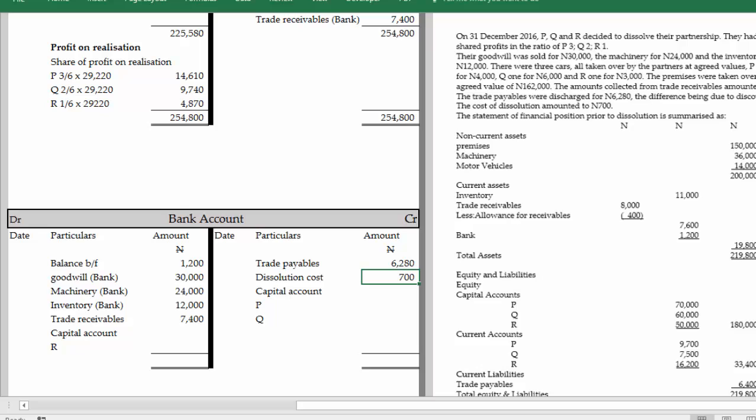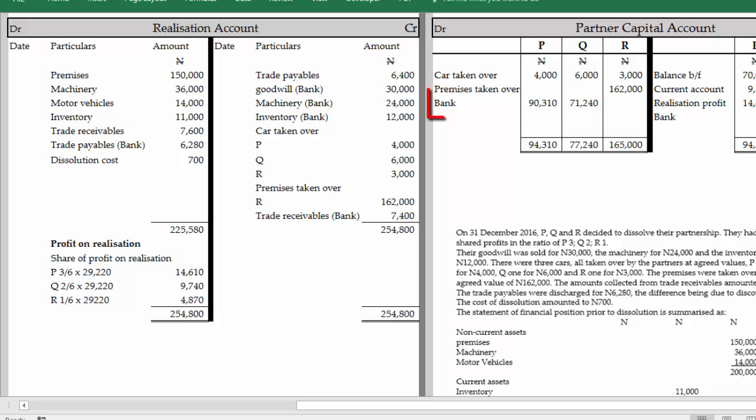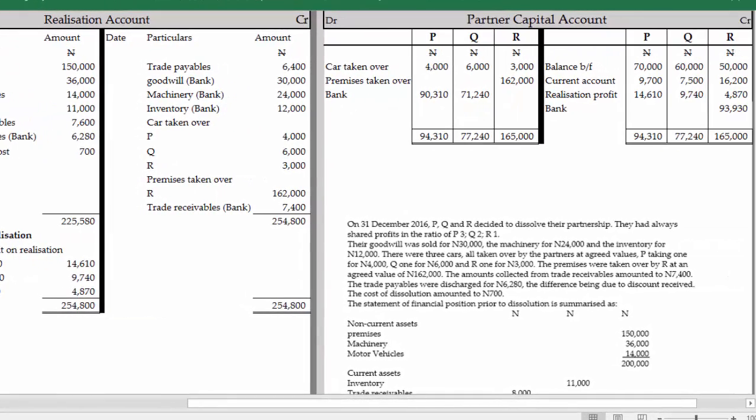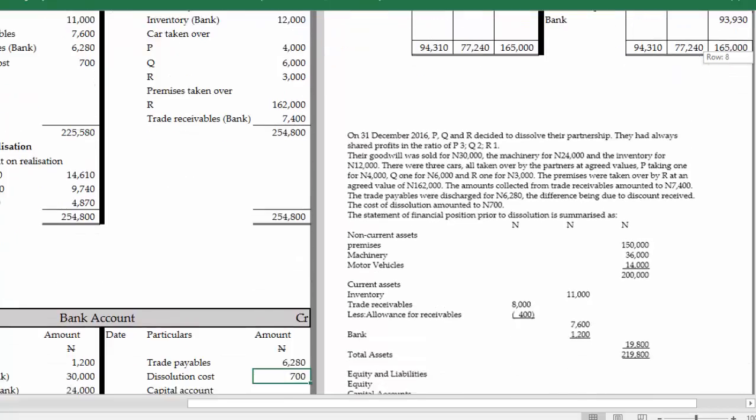The final payments and receipts we made were the final settlement to the partners. For P and Q, we paid 90,310 to P, and we paid 71,240 to Q, and we received 93,930 from R. So let's transfer those to the bank account.